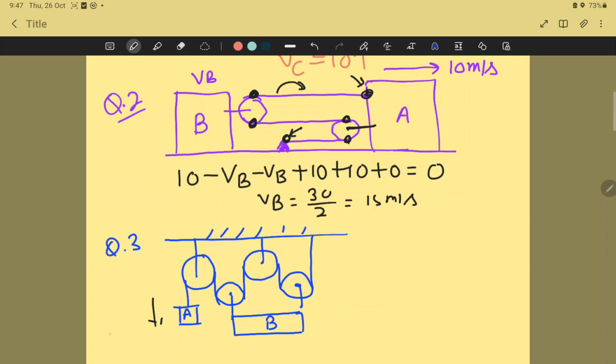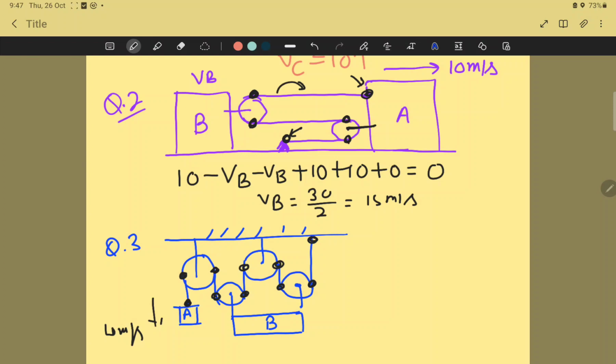So this is moving with 4 meter per second. Only mark all the points quickly. So these are the points.